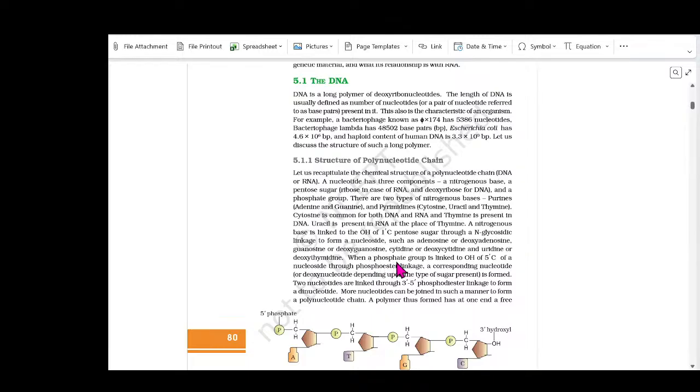When a phosphate group is linked to OH of carbon 5 of a nucleoside through phosphoester linkage, a corresponding nucleotide or deoxynucleotide, depending upon the type of sugar present, is formed. Two nucleotides are linked through 3 prime to 5 prime phosphodiester linkage to form a dinucleotide. More nucleotides can be joined in such a manner to form a polynucleotide chain.